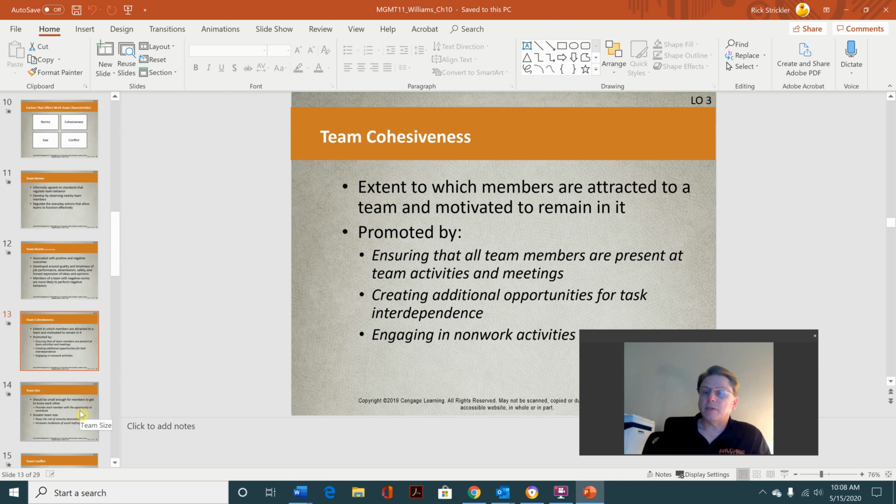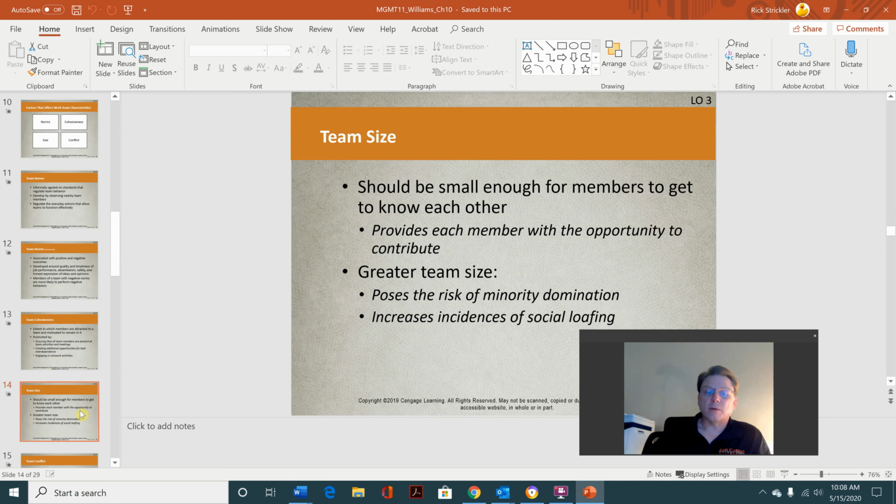In other words, they like to be around each other and they depend on each other, and they feel an emotional attachment to the work and to the people, and they don't want to leave because they feel that they're part of something larger than themselves. Size should be small enough for members to get to know each other. Obviously, if you have too big of a group, people go into subgroups called cliques, and that usually doesn't work very well to create synergy or cohesiveness.